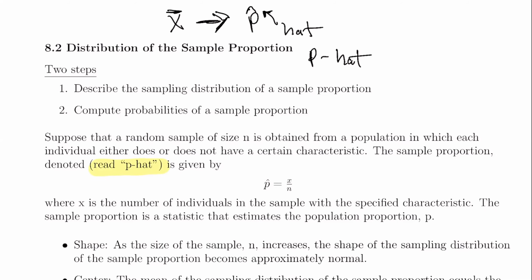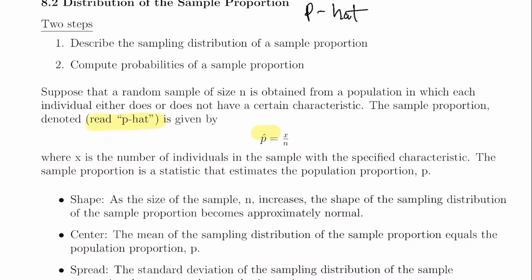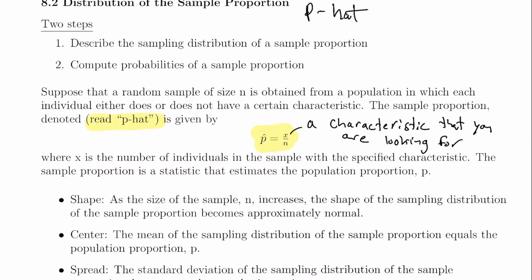The formula for the sample proportion is this one. P hat is equal to x divided by n, where x is pretty much just a characteristic. So x is whatever characteristic you're looking for.